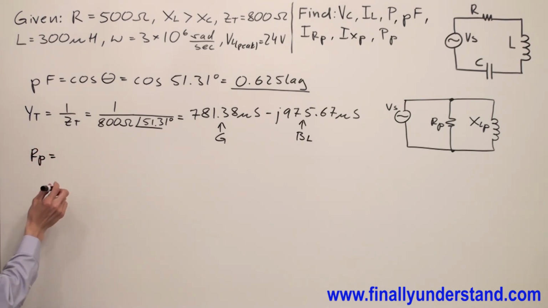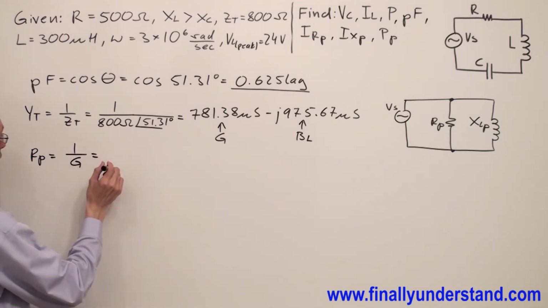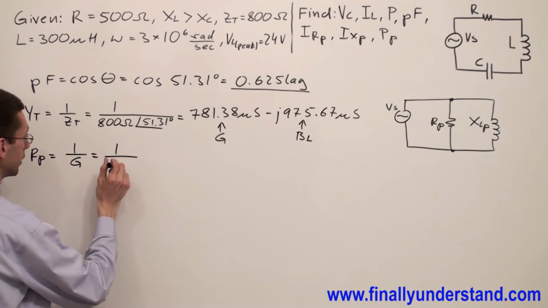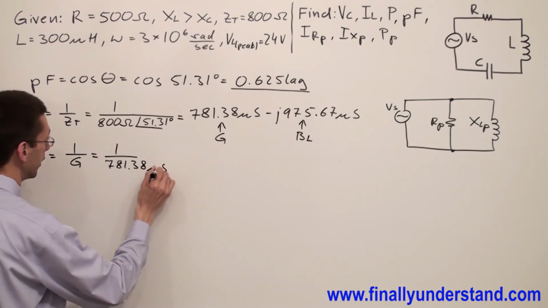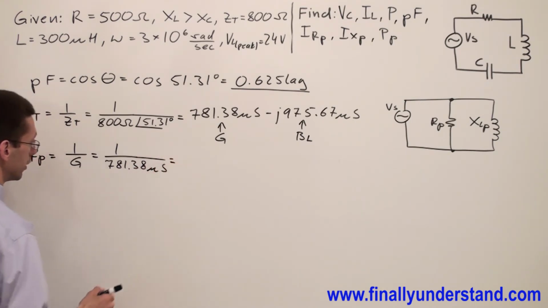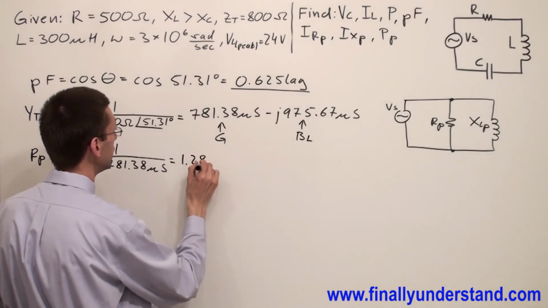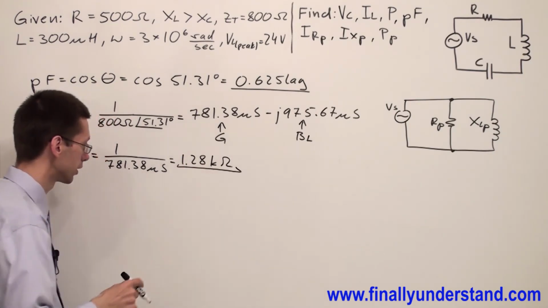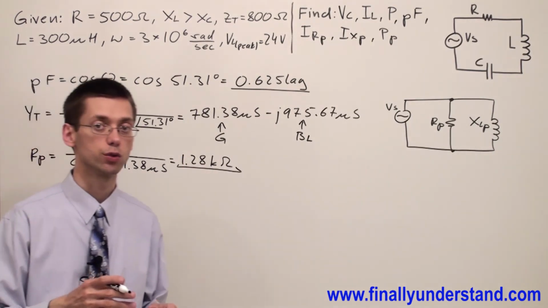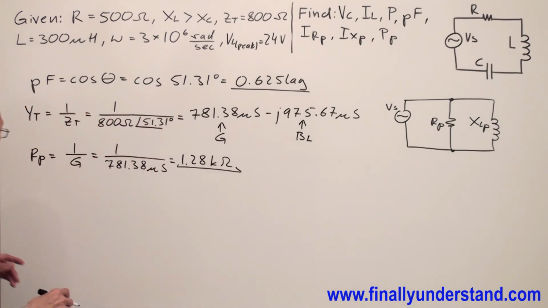R_P is equal 1 over G. So I have 1 divided by 781.38 microsiemens. This is equal 1.28 kiloohms. Someone can ask why using this way. I would answer that I want you to practice different ways to solve this kind of problems.